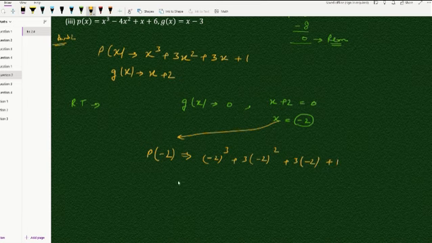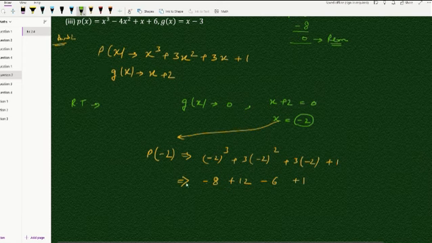Plus 1. It will be -2 raised to power 3 will be -8 plus -2 raised to power 2 will be 4, and 3 into 4 will be 12. 3 into -2 will be -6, and it will be plus 1. So if you see minus, these terms of minus and minus, they will be added.